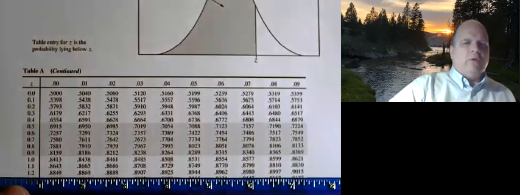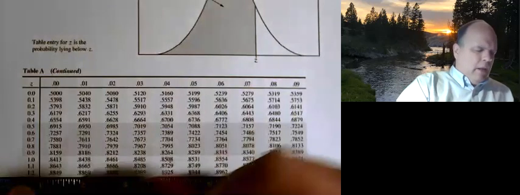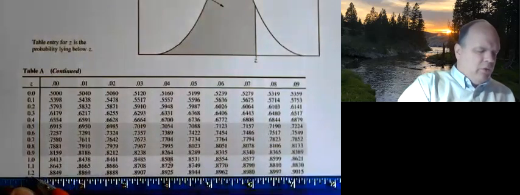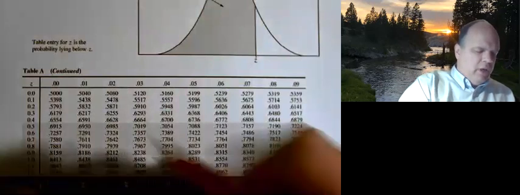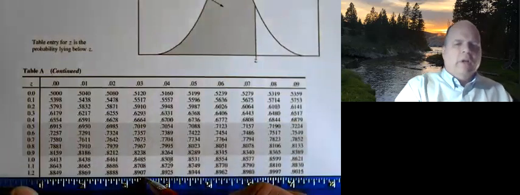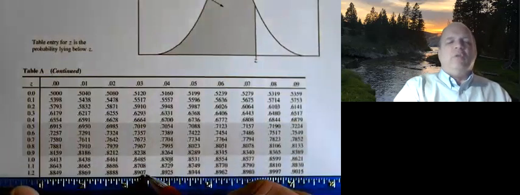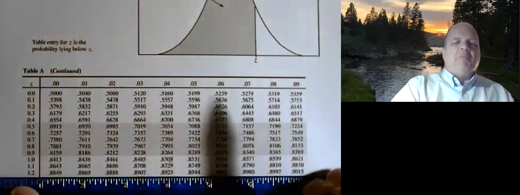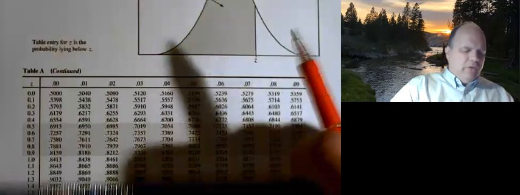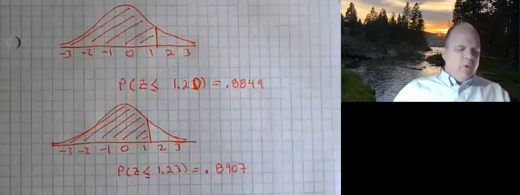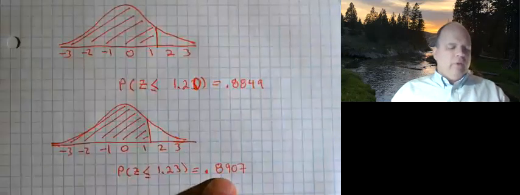Just using a ruler to line me up, I'm going to go, there's 1.2, 1.20, 1.21, 1.22, 1.23. So my answer is 0.8907. So 89% or 89.07% of the data is below a z-score of 1.23, and that's what I wrote.